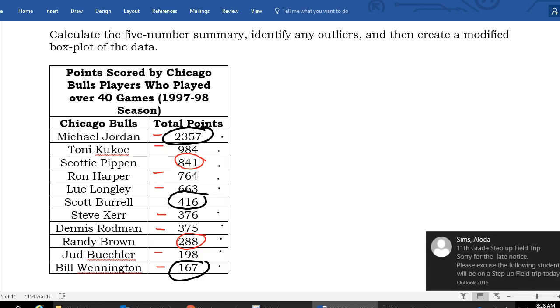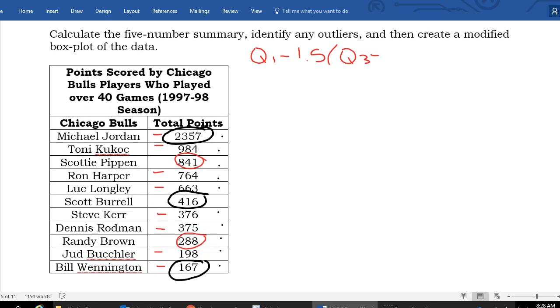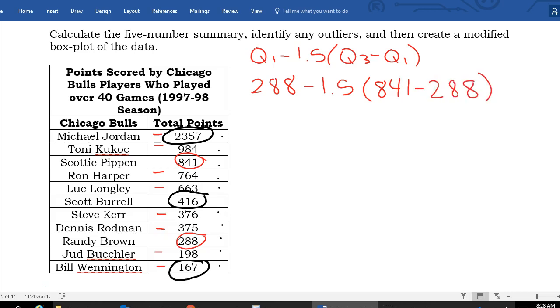Outliers. So we're going to calculate our fences using the formulas up above. Our lower fence would be Q1 minus 1.5 times the third quartile minus the first quartile. So that is going to be 288 minus 1.5 times 841 minus 288. Let me get my calculator up.